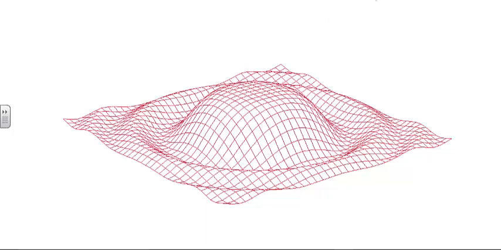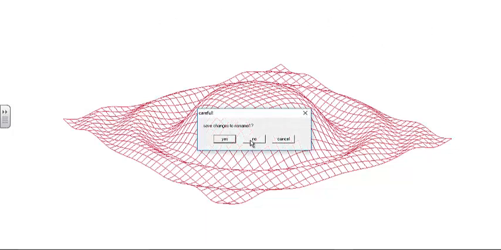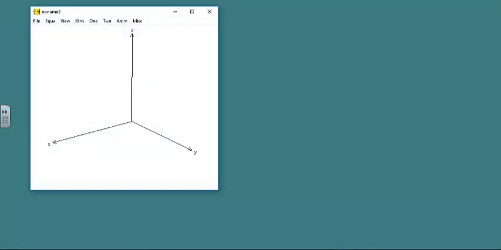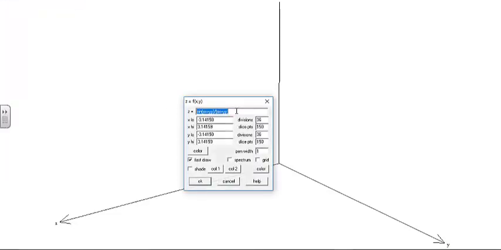Now, if instead of having that fancy equation, I just said z was going to be equal to 3x minus 4y plus 1, let's see what that looks like.